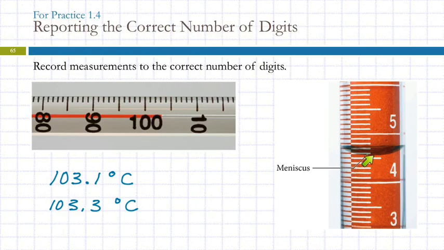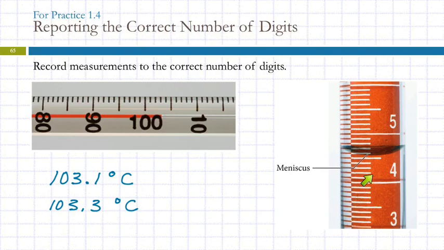Okay, so that's the dark gray here. And then we have to kind of orient ourselves on this cylinder. This is 4 milliliters, and that's 5 milliliters. So each of the small lines is 1/10 of a milliliter, right? So there are lines at the tenths. That means we need to estimate the hundredths.